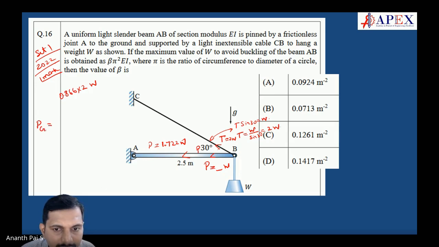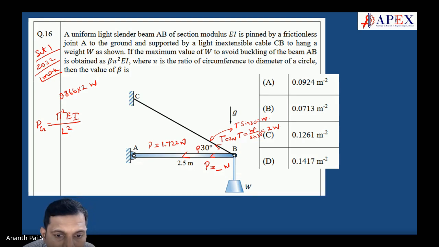This is which type of joint? Pinned joint. It is pinned by a frictionless joint A and supported to hang as shown. This is pinned, right? So P critical, it's pinned only, is it not? Yes or no? So there is a load which is acting here. So P critical is equal to pi square EI divided by L square. L is given 2.5 meters.